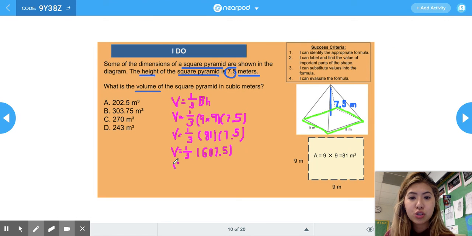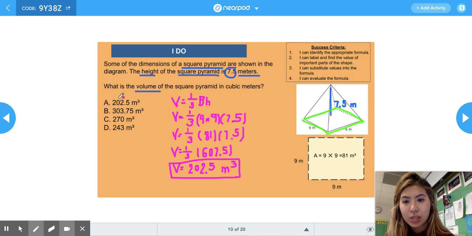And then I have to divide it by 3. So once I divide 607.5 by 3, I get 202.5. And then my unit of measurement in this problem is meters, so it's going to be meters cubed. Because it is a multiple choice problem, I'm going to choose my correct answer, which in this case is A.